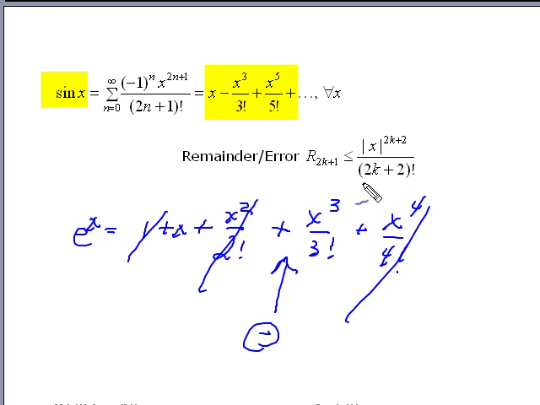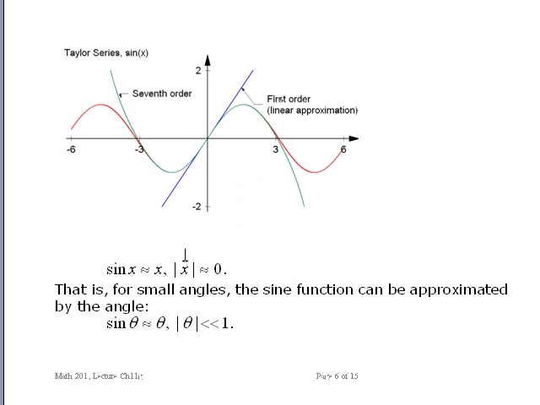It again has the alternating terms, but it has the even terms. In red here is the sine of x. The blue line is a first order approximation. This is your linear approximation. It's pretty good agreement right here, but that's about all that you get out of it.